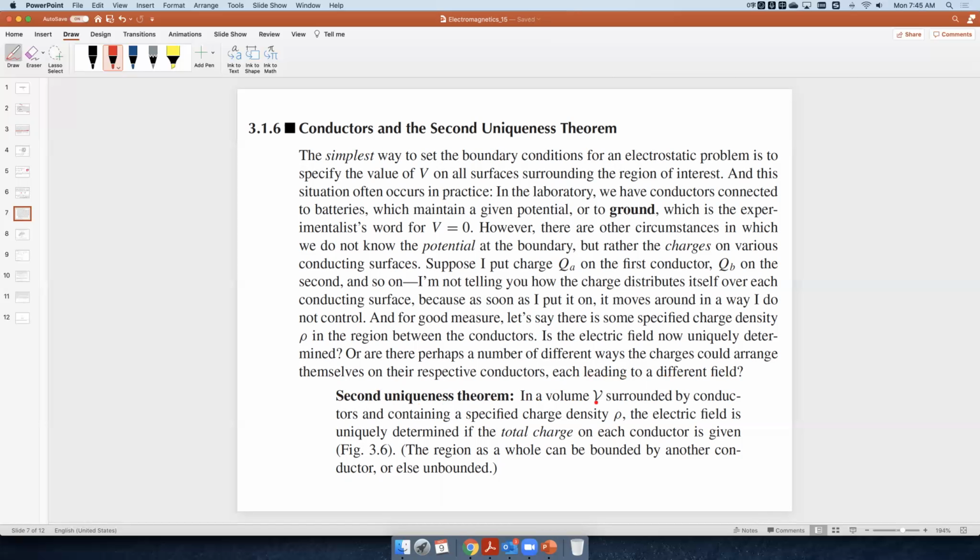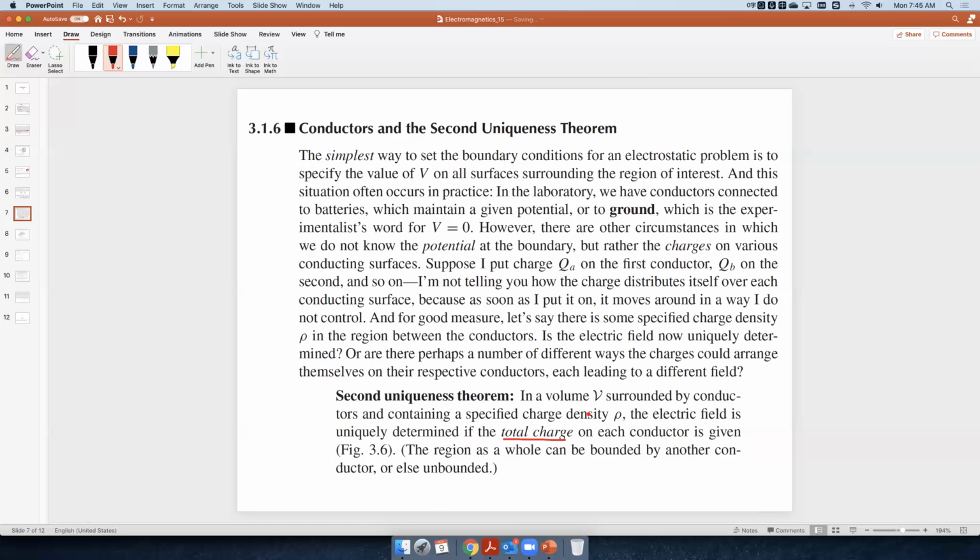In a volume V surrounded by conductors and containing a specified charge density rho, the electric field is uniquely determined if the total charge on each conductor is given. The region as a whole can be bounded by another conductor or else unbounded.